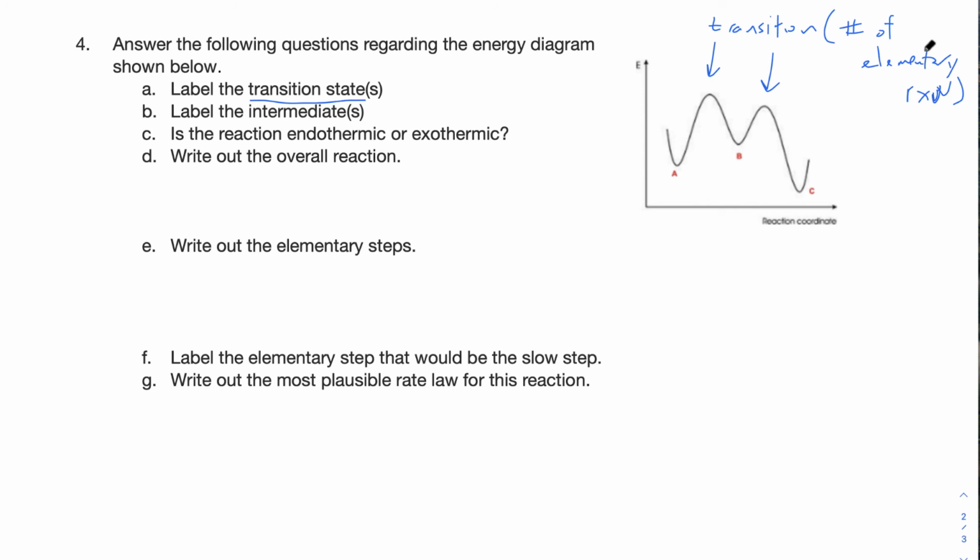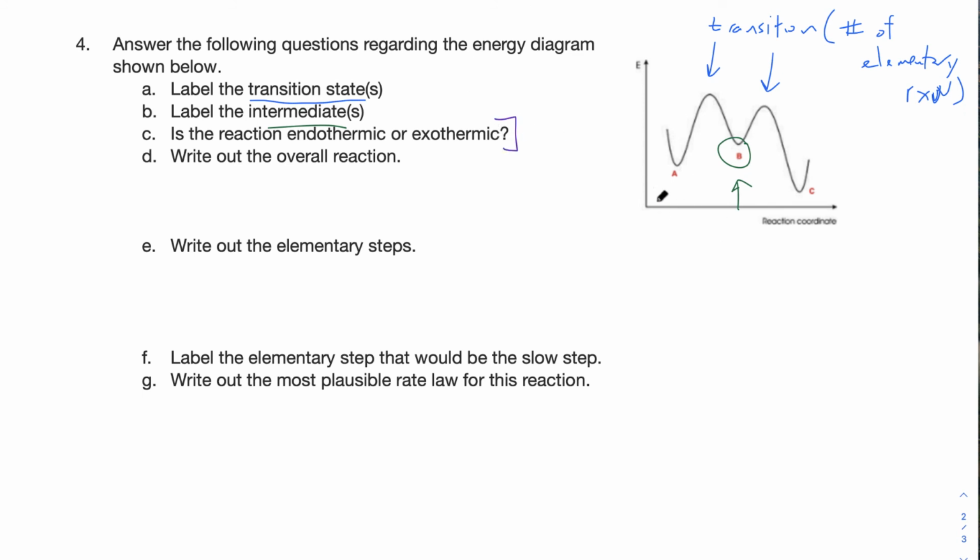So each time an elementary reaction occurs, those reactants have to go through some high energy transition state where bonds are being formed and bonds broken at the same time typically, and that's a process that is high energy. Intermediates are in the troughs, so really it's just B that's the intermediate in this reaction.